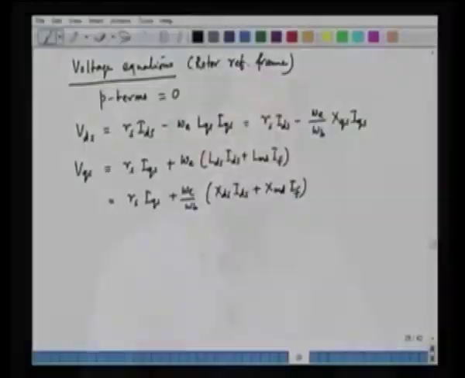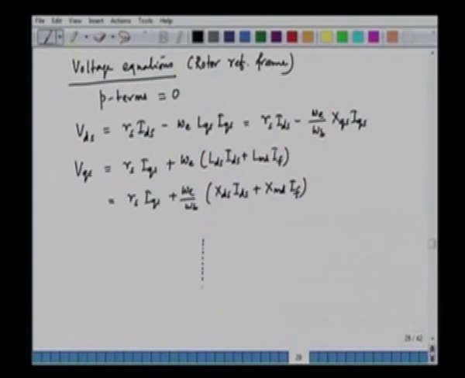Now from these two voltage equations, we can draw the phasor diagram, with an intention to find out the phasor relationships between the voltage and the current. To draw the phasor diagram, we have to represent all the variables in terms of phasors. So let us say this is our d axis, because we are talking about a salient pole synchronous machine.